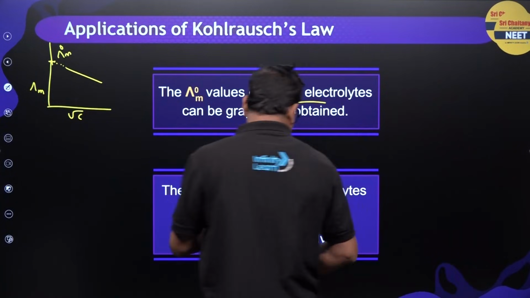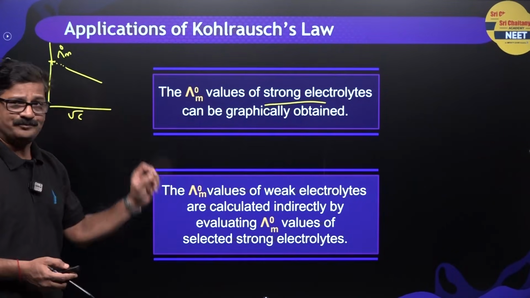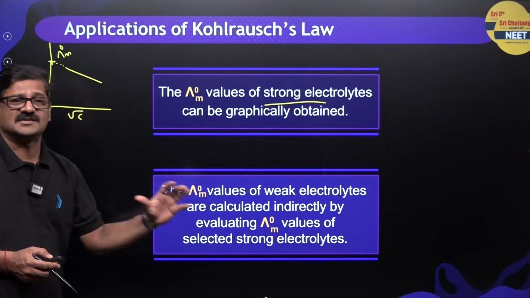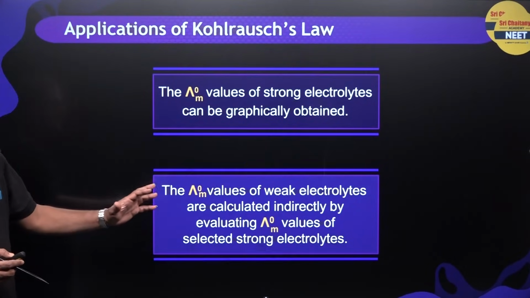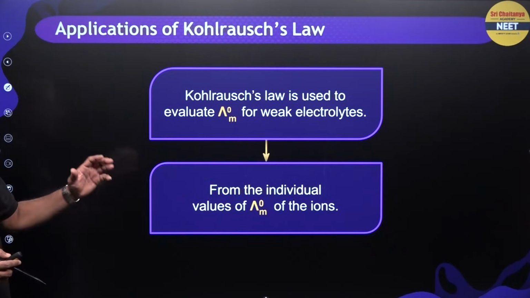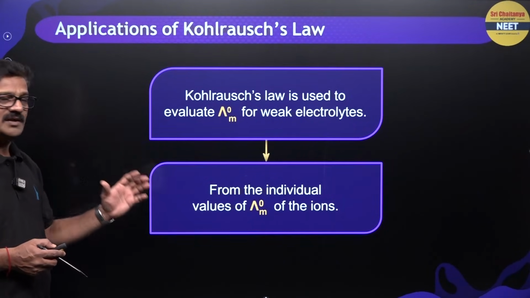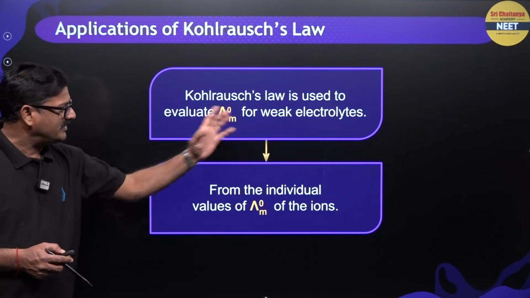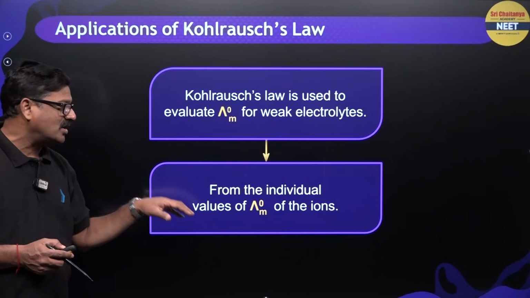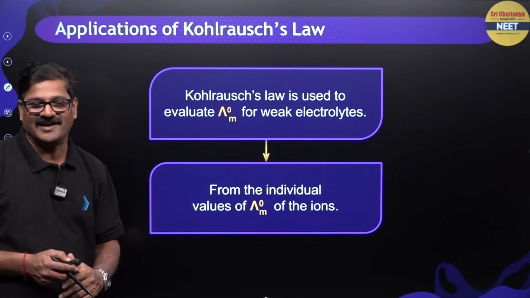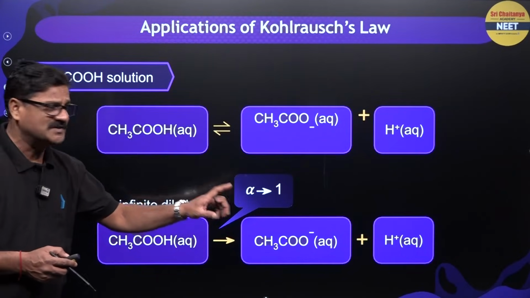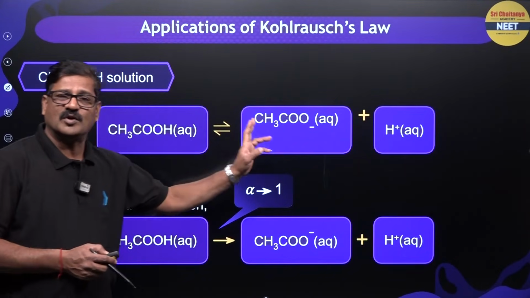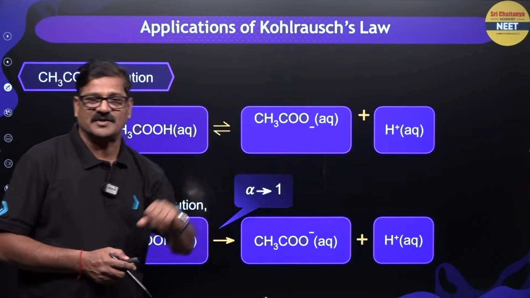So, the values for weak electrolytes can be obtained by adding and subtracting the constituent ions, like acetic acid. Kohlrausch law is used to evaluate the molar conductivity of a weak electrolyte from the individual values of strong electrolytes. How can we do this for acetic acid? The molar conductivity of acetic acid is equal to that of acetate and H plus.